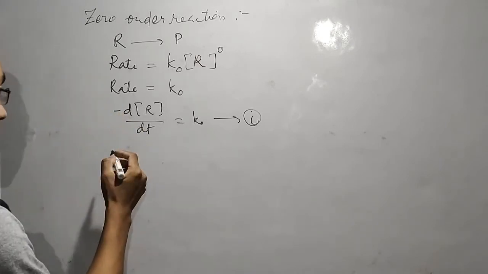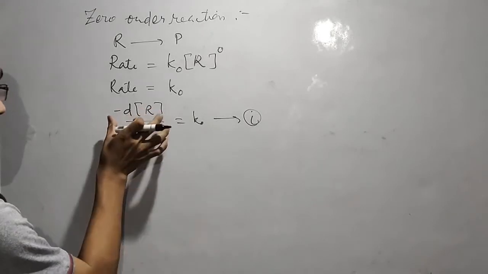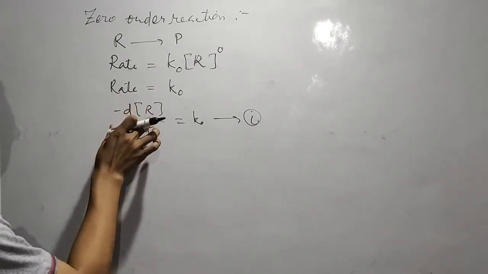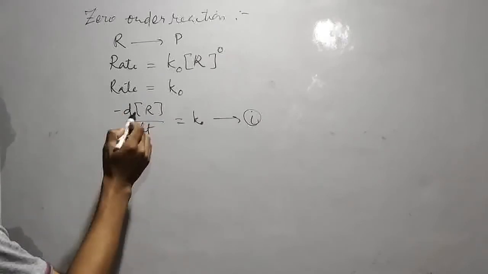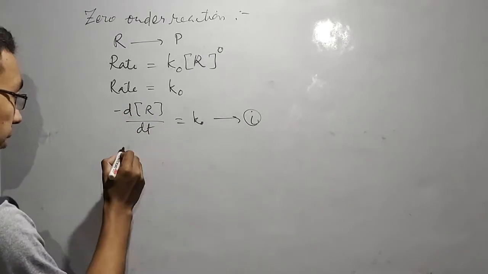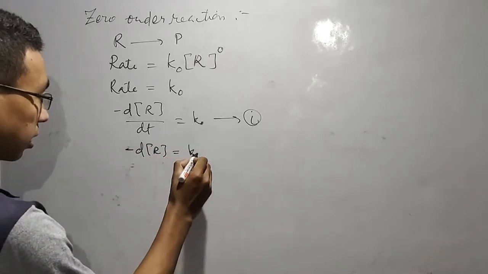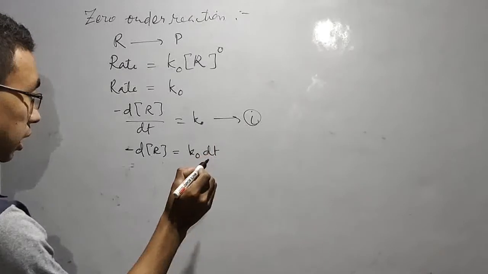In the next step, we are representing the rate law equation in terms of the reactant. Cross multiplying, it will be minus d[R] equals k naught dt.